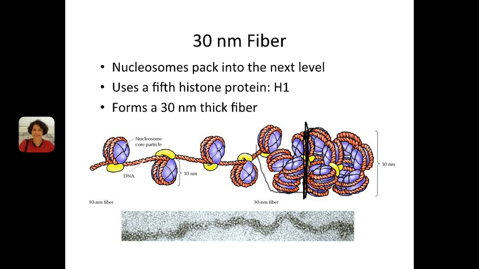In the nucleosome, we saw it had a diameter of between 10 and 11 nanometers. So we go from this 10 to 11 nanometers to 30 nanometers. And here we see an electron micrograph that shows a 30 nanometer fiber. This would be seen in chromatin as well as the nucleosome level.